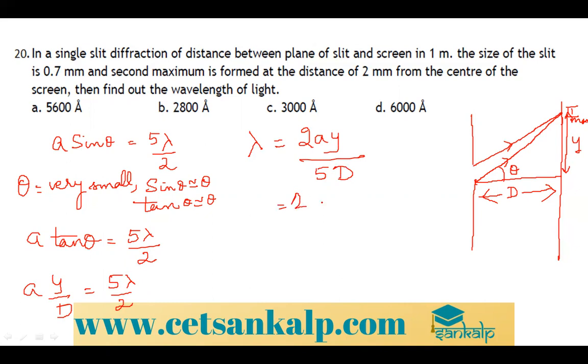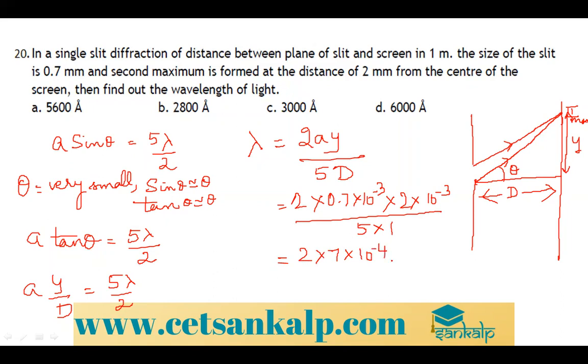So 2 into a, which is 0.7 into 10 to the power minus 3, into 2 into 10 to the power minus 3, divided by 5 into 1. So 2 into 7 into 10 to the power minus 4 into 2 into 10 to the power minus 3, divided by 5.